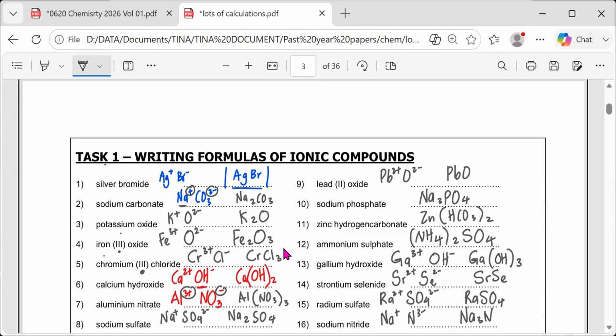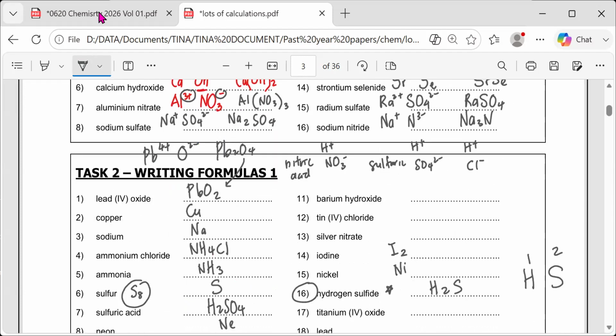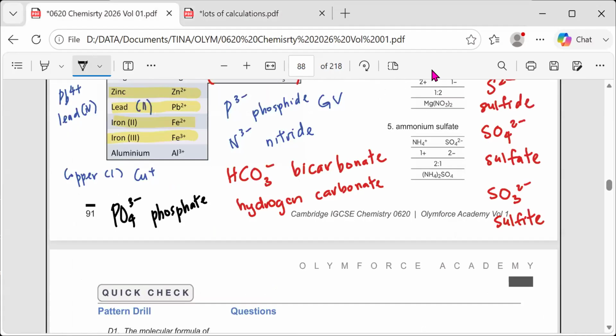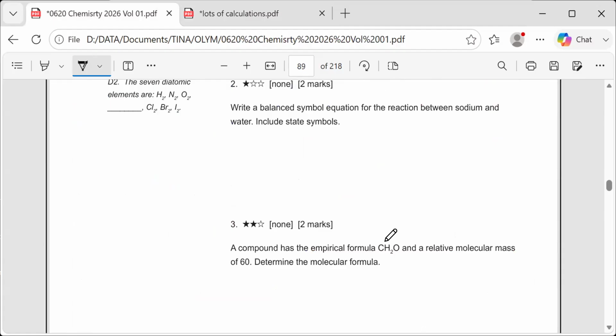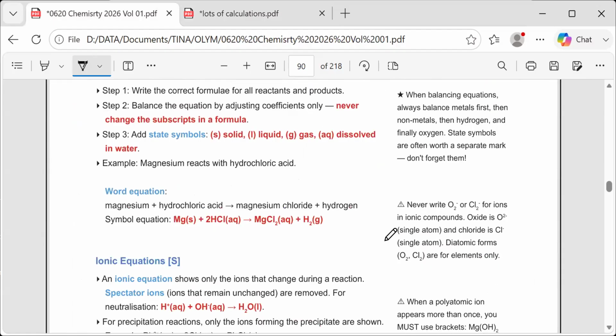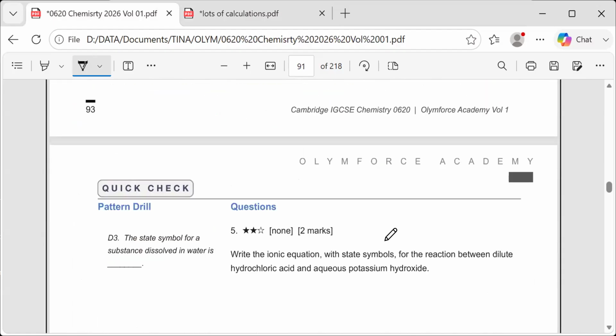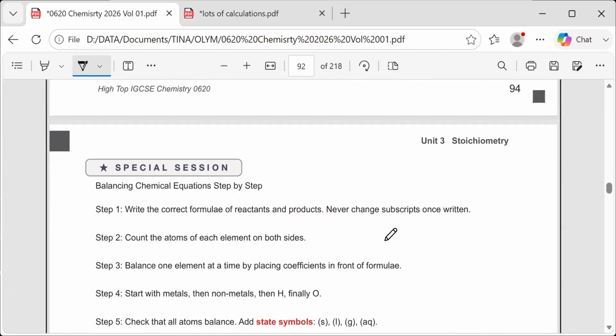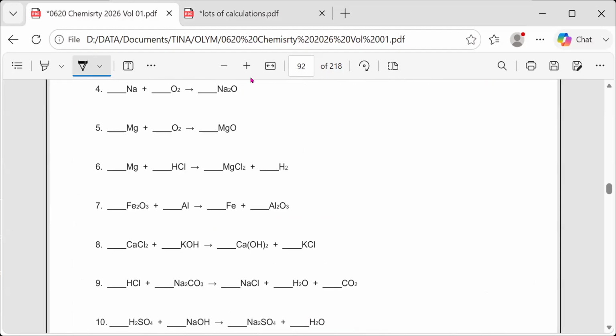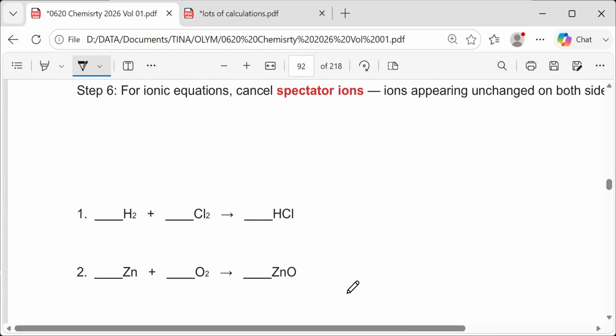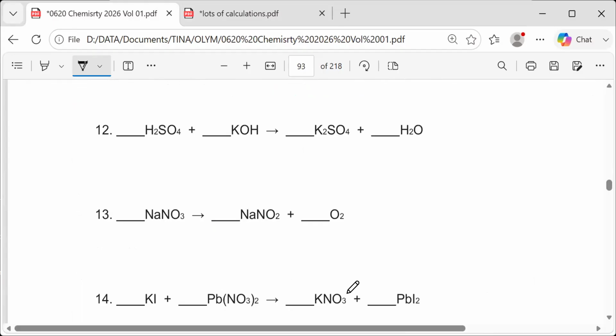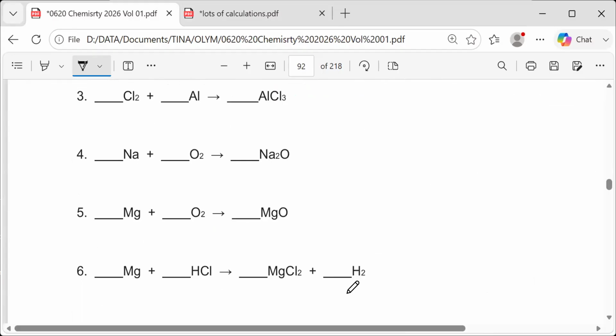Okay, so from formulas, now we go to the next one, which is equations. Let's look at the equation, for example, like this. Look at page 95.